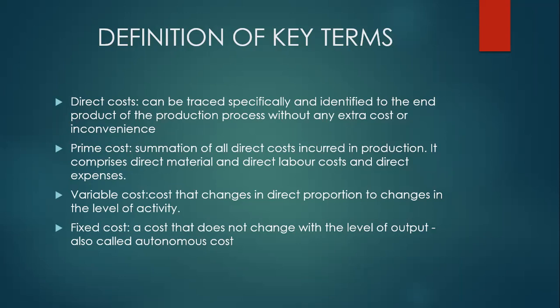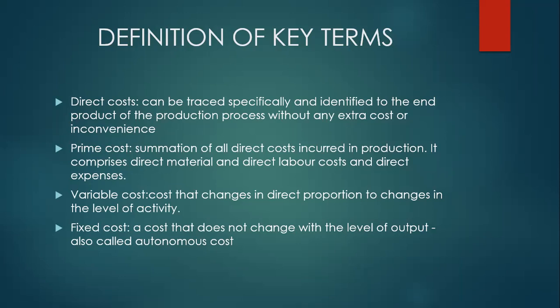If the number of patients increases from 200 to 300, the cost of your rent does not change. It is the same rent. The landlord will not come and tell you that, oh, I realize that this month you are taking care of 300 patients, so pay more rent. No. So the rent cost becomes what we call a fixed cost.